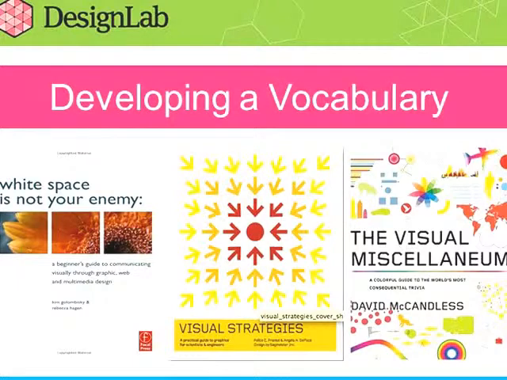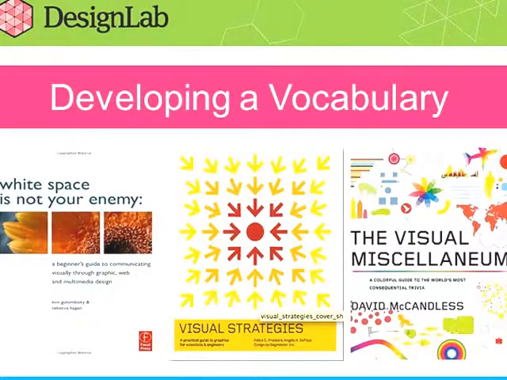These are a couple of books we would recommend. White Space Is Not Your Enemy is one. We used some of the vocabulary for this session, and it is a great way to start. For hard sciences and biophysical sciences, Visual Strategies is a visual design book specifically written for scientists.